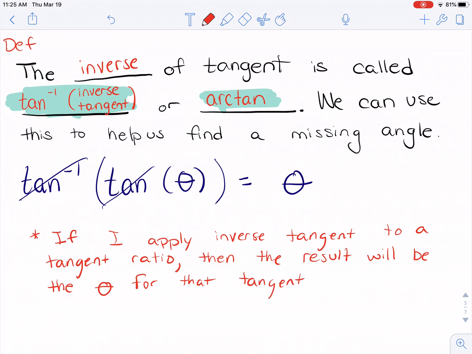That's a better way to say it. Let's see this with an example.